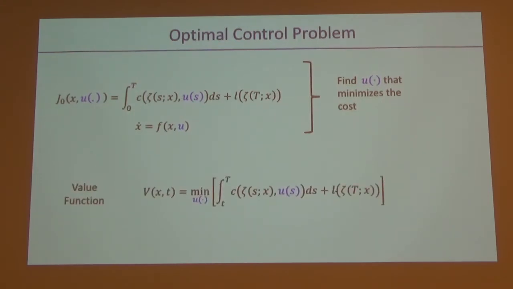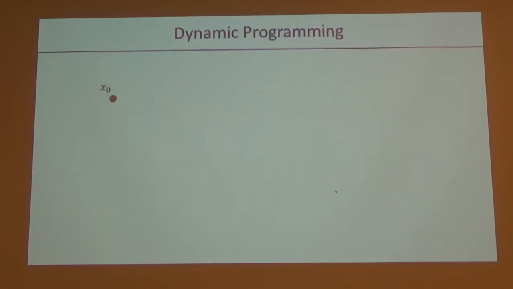Traditionally, the way this problem is solved is we define a value function, which is essentially the minimum of this cost. So solving the optimal control problem is essentially equivalent to finding this value function. One particular tool to compute this value function is the principle of dynamic programming. To understand dynamic programming, suppose that we start from the state x0 and we want to solve the optimal control problem.